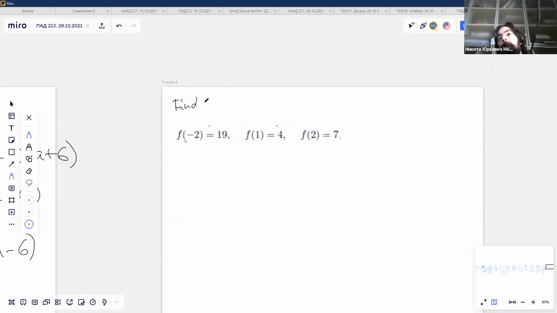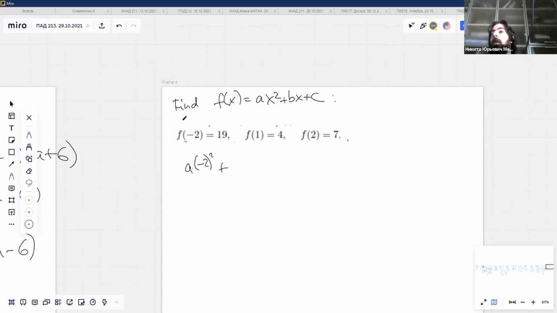Find a polynomial f of x equals ax squared plus bx plus c such that f of minus 2 equals 19, f of 1 equals 4, and f of 2 equals 7. Maybe it had some different numbers. It doesn't really matter.